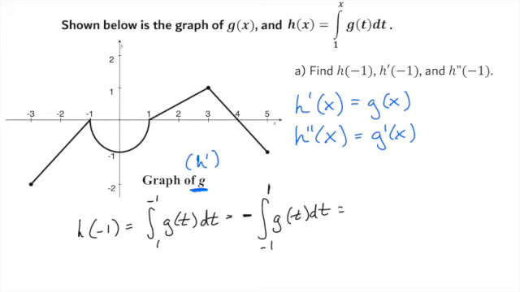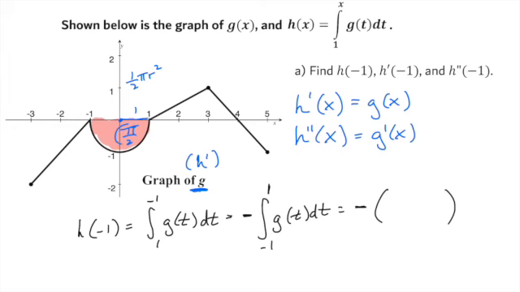So in this case, we're going to get negative whatever this definite integral is, and we're going from -1 to 1 on the graph. So that is this area of the semicircle here with a radius of 1. The area of a circle is pi r squared, so this is half of that, and the radius is, of course, 1. So 1 squared is 1.